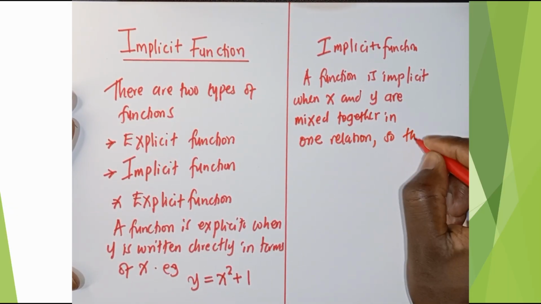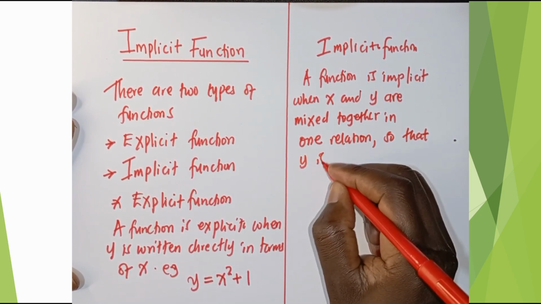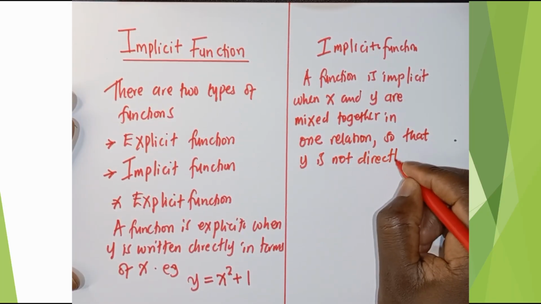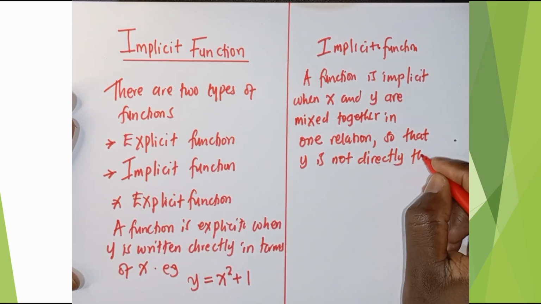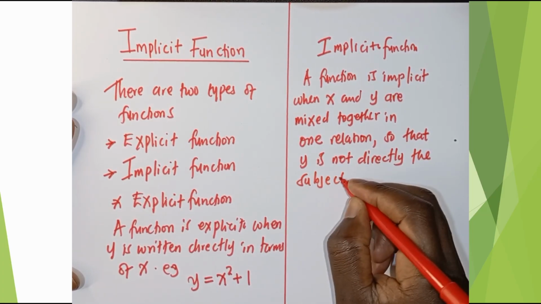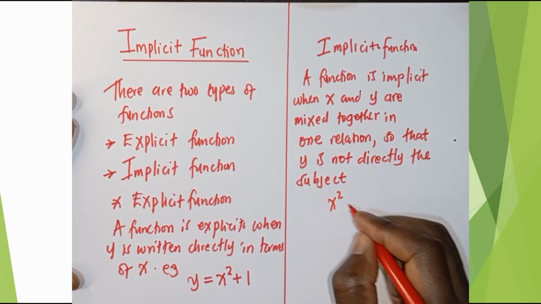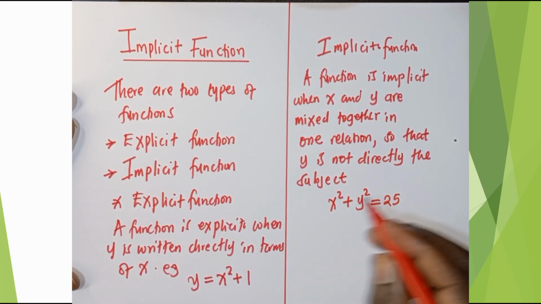so that y is not directly the subject. For example, you can have something like x squared plus y squared is equal to 25.